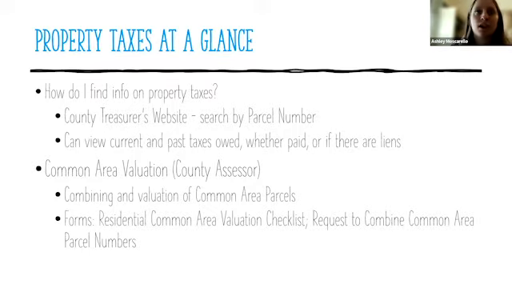A popular one is just vacant land. That has a different valuation rate than association common area. And the nice thing is that once your properties are valued as common area parcels, the taxes that are assessed are at a much lower rate than any other particular valuation.